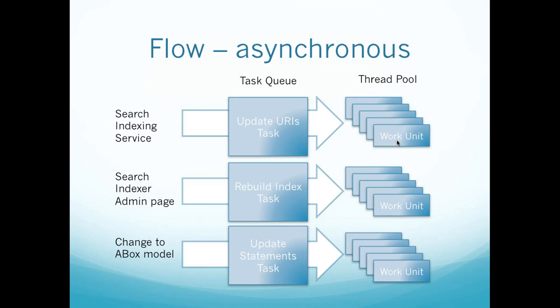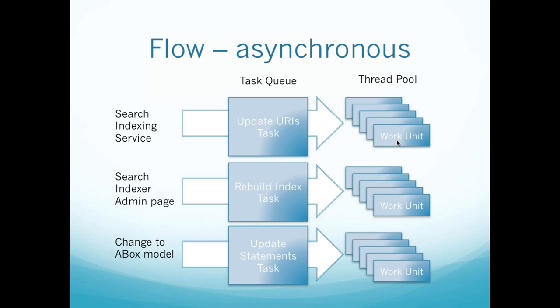The way the search indexer is set up, there is a single task queue. So if you put in a request to the search indexing service at the same time that someone else is making a change to the model, these will be done asynchronously, but not simultaneously.